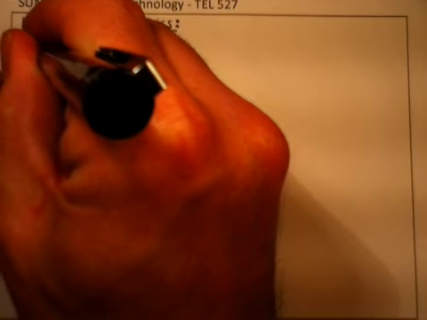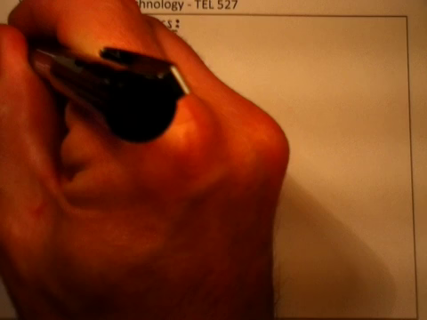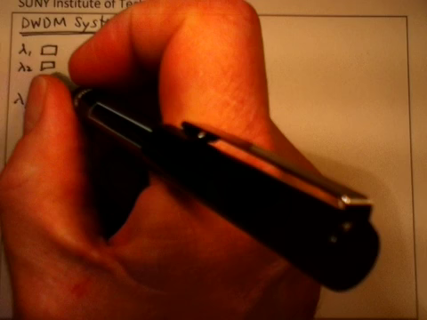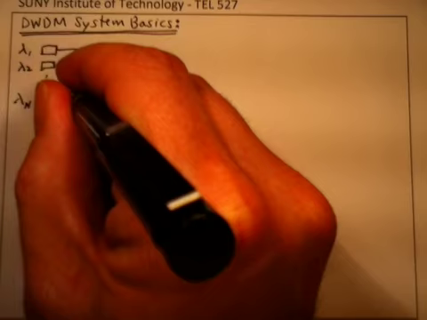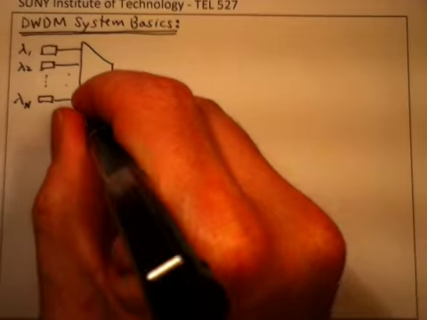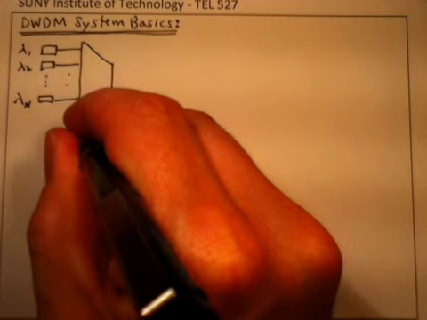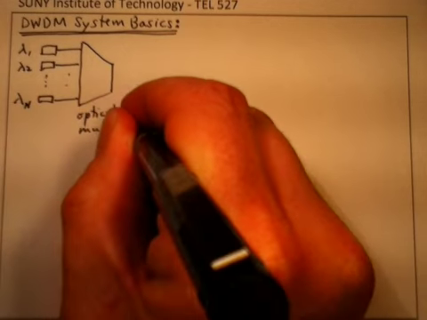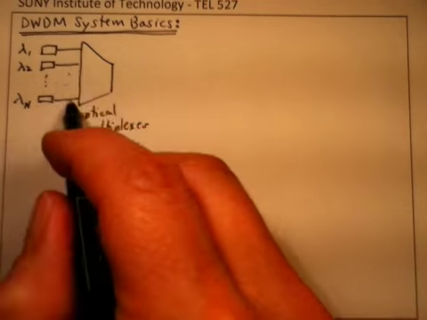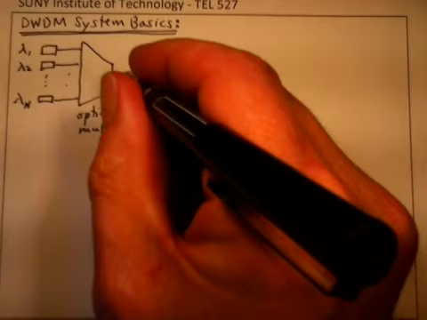The basic idea of DWDM is that we can have lots of different lasers at different wavelengths. Let's say that we have an N-channel system, and we can combine them using an optical multiplexer. Okay, and what this does is it takes a number of fibers as an input and has a single fiber as an output.